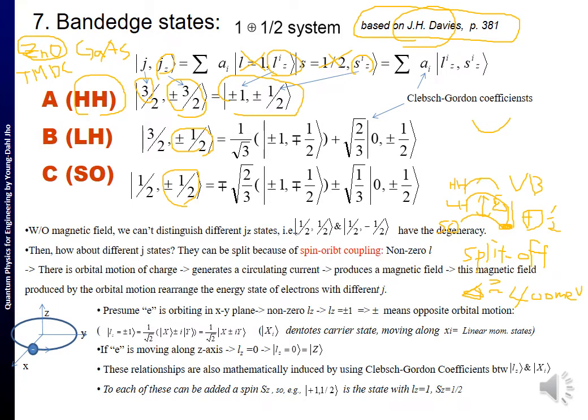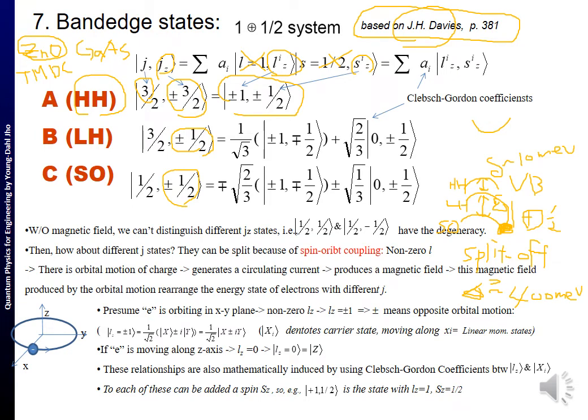And the energy separation between light hole and heavy hole is actually very small, let's say delta, on the order of 10 millivolts. So this delta is easily measured in semiconductors. Split-off is too large, so it is very hard to measure because hole will relax down easily to the lower energy state.